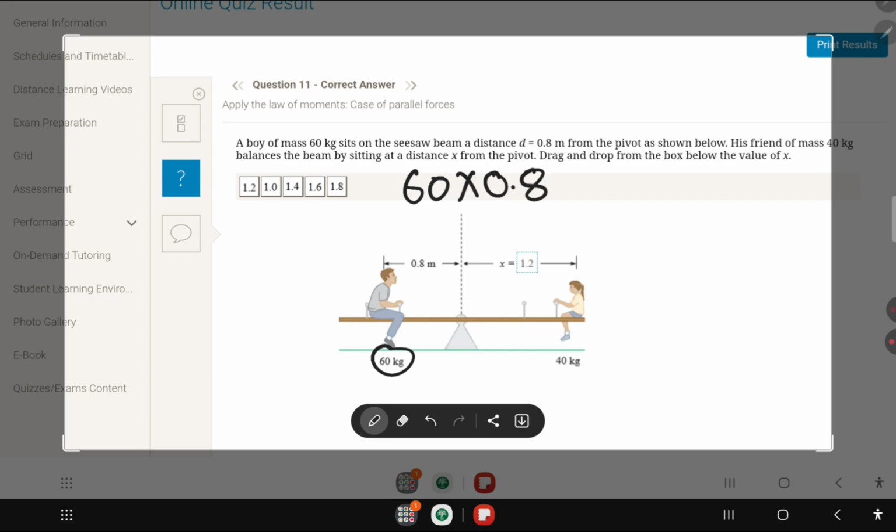So it's going to be equal to, sorry, I don't want to repeat the mistake I just made. Always convert the 60 kg to newtons. 600 times 0.8 equals 400x, because you want to find x here. If you plug it into your calculator, you're going to get x equals 1.2 meters.